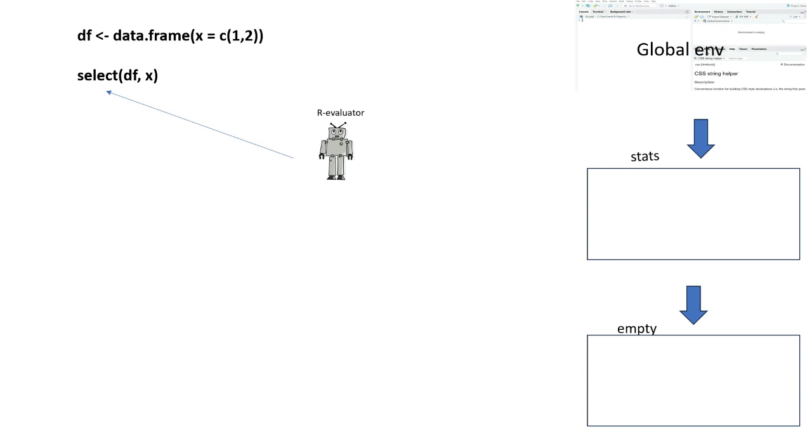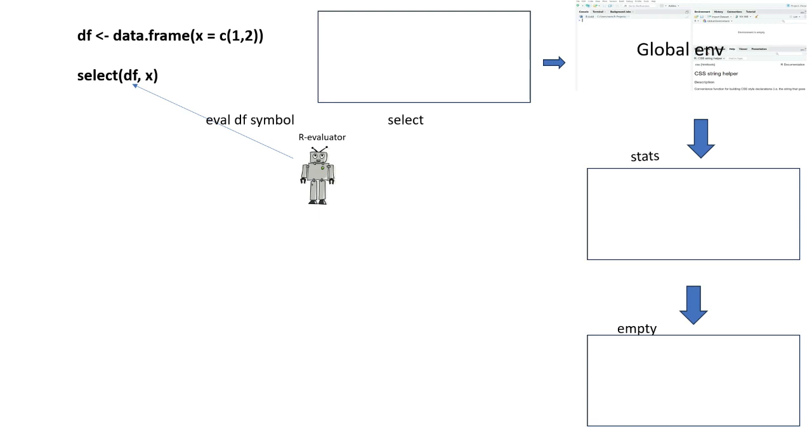Now let's see the select function, which is available in the tidyverse, and I am defining here a data frame with the identifier name df, which is present in the global environment, right? But whenever you call a function like select, so whenever you type select df x, our evaluator first creates a select function environment.